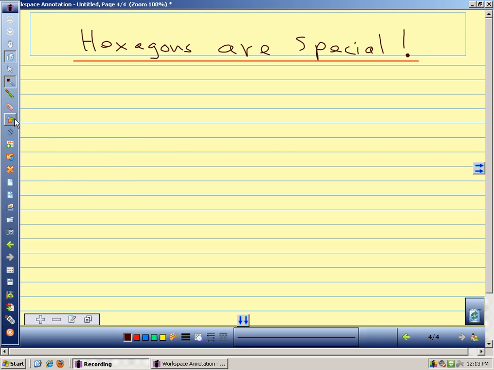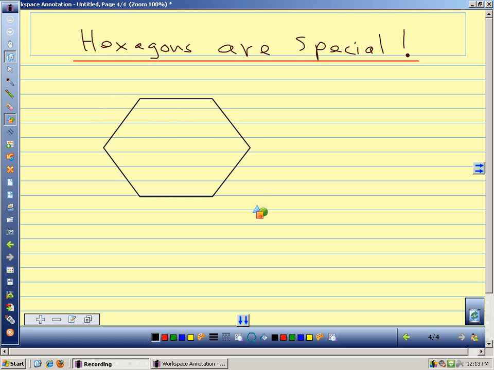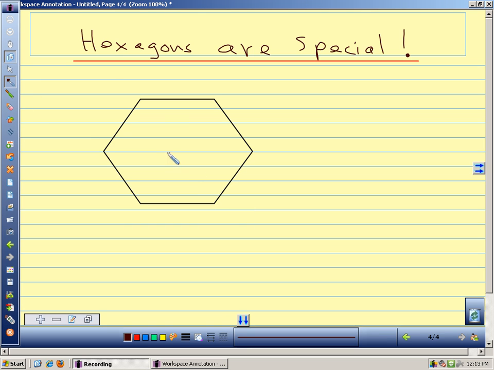So let's draw up a hexagon and see why that works out that way. So here's my hexagon. I'm going to make it nice and big so we can label it. And we're going to say this is a regular hexagon.